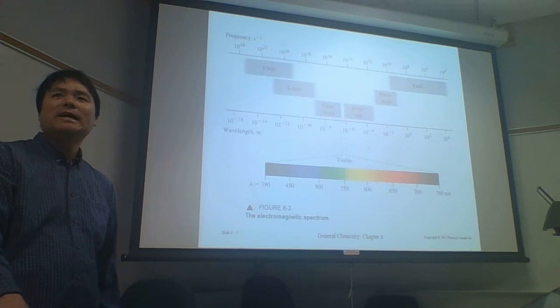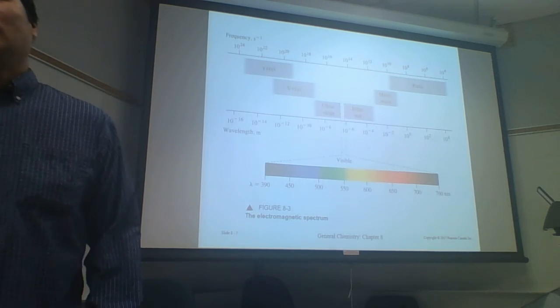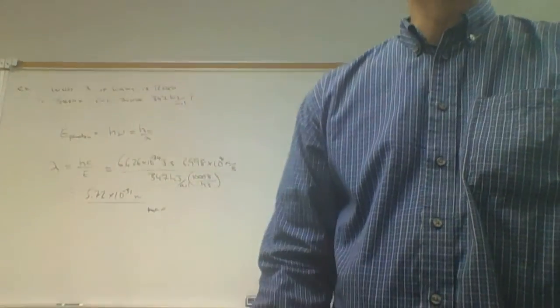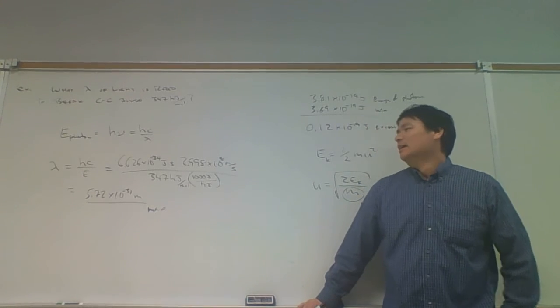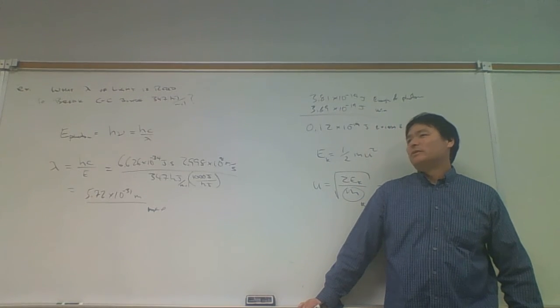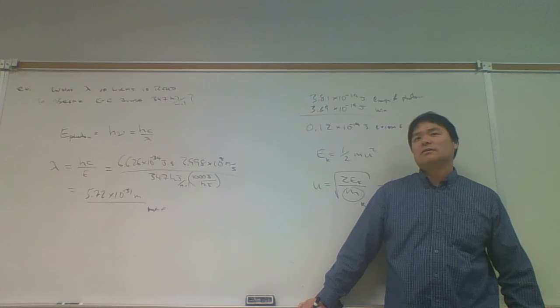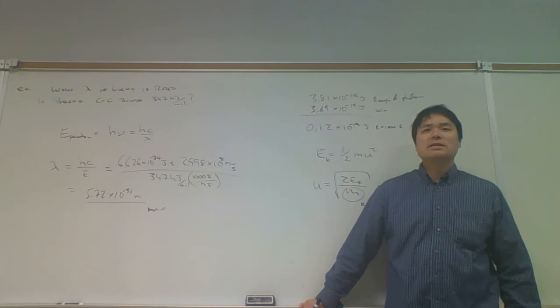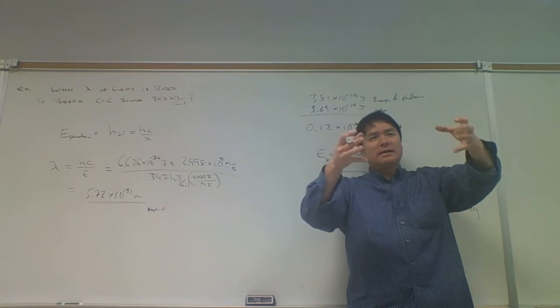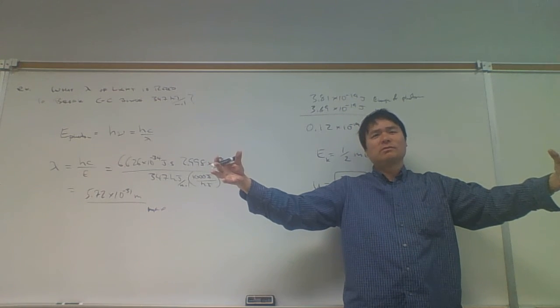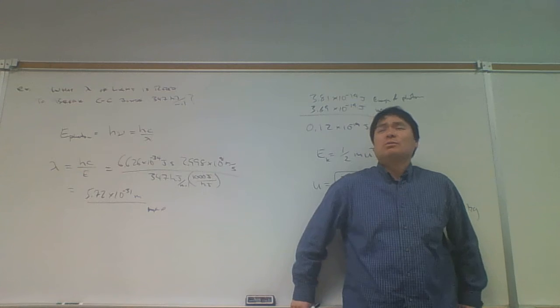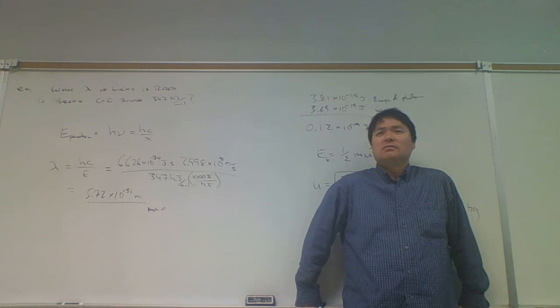In fact, you know what it would be? It would be like the end of the world photon, because we're at the end of the electromagnetic spectrum. You're asking a lot of this photon. You're asking this one photon to come in and annihilate 6.022 times 10 to the 23 bonds, right?